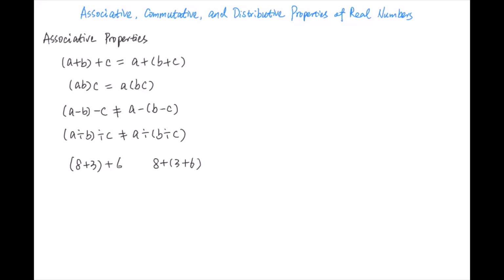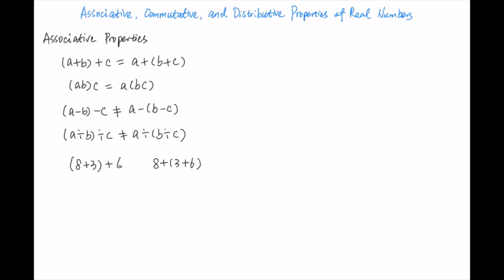This expression right here is the addition of three real numbers, 8, 3, and 6. In the first expression we group 8 and 3. In the second expression we group 3 and 6. Now let's see whether these expressions are equal to each other.